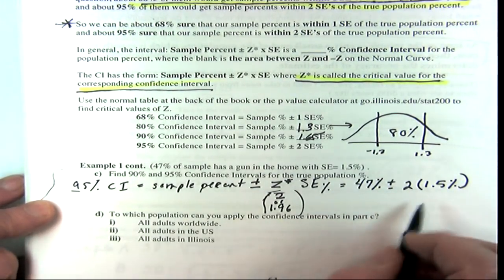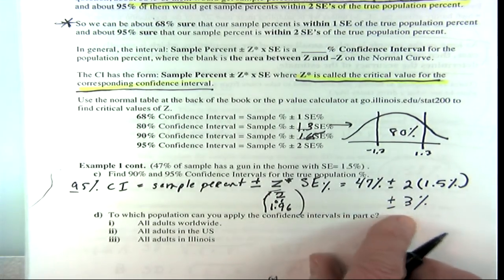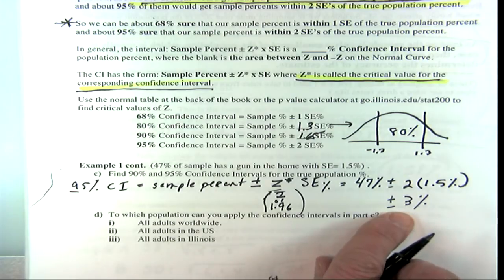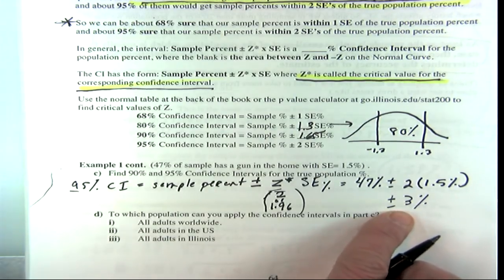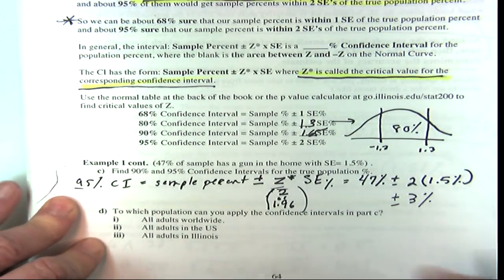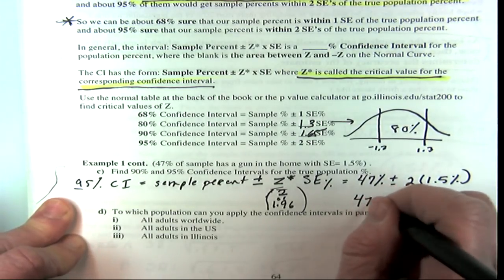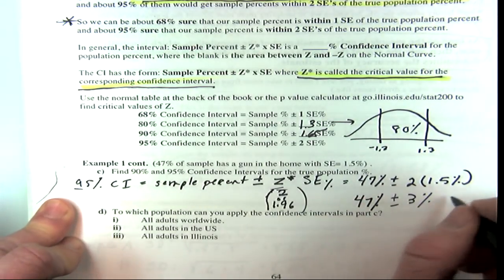And by the way, this is where that plus or minus 3% comes from, because for some reason that's a very conventional percentage, that margin of error that people accept. They say plus or minus 3% sounds good, and so they sample about 1,000 people, and that's what it gives you. So it's 47% plus or minus that.